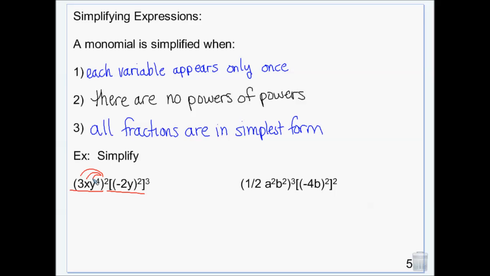So I've got 3 squared, so that's 9, x squared, and then y to the 8th. Okay, so that part's done.